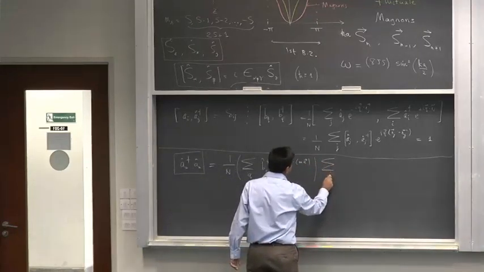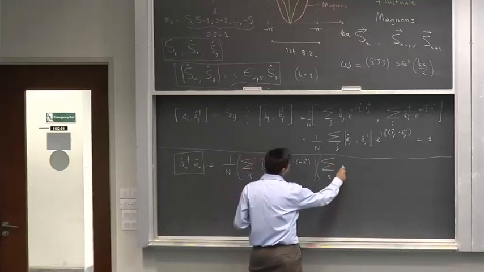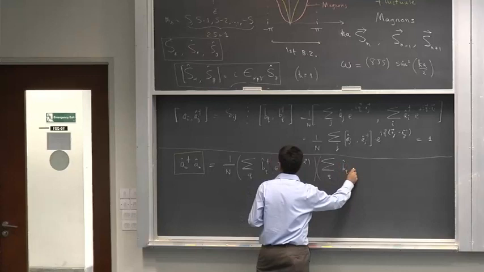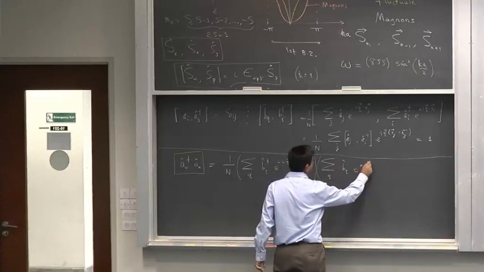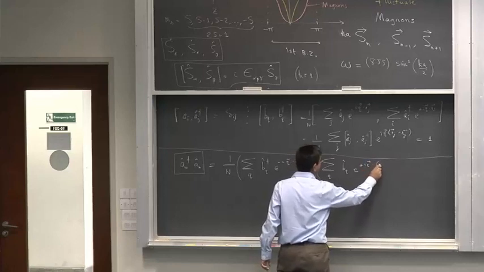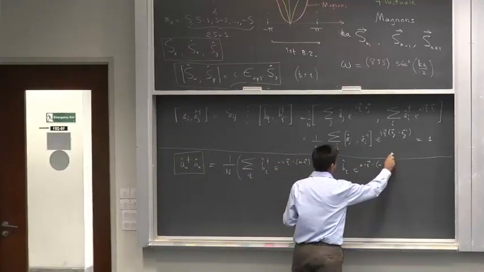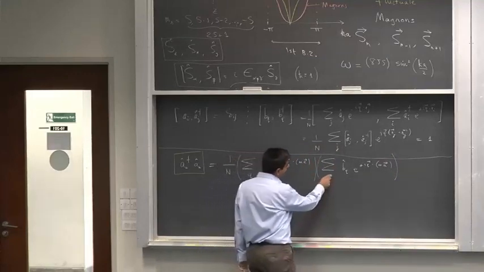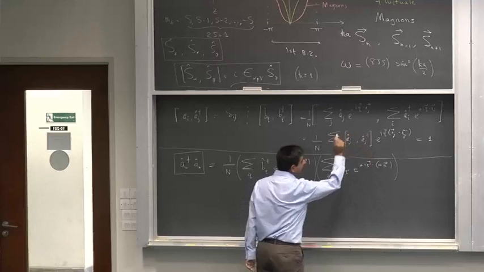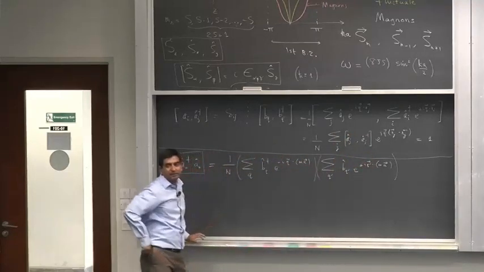So I have this thing and I have a_m. a_m is sum over q, b_q e to the plus i q m a. This is a_m. Remember this, I can label this as q prime, it doesn't matter. This is actually q prime because I have to take a sum here and a sum here.